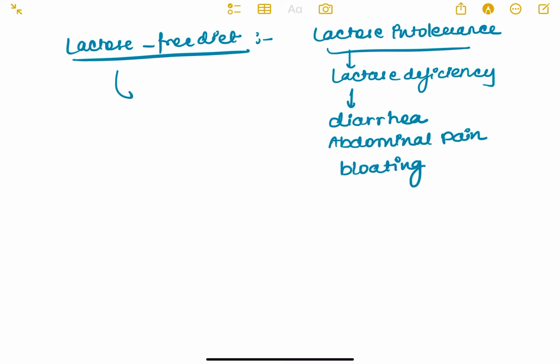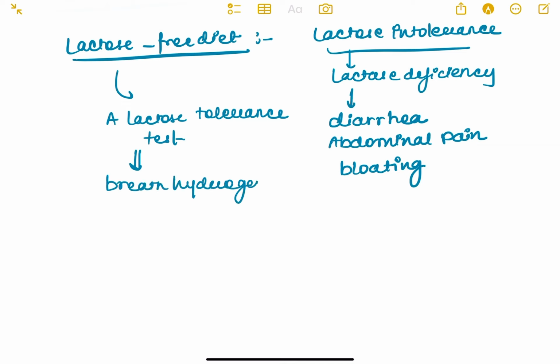We do a lactose tolerance test to diagnose lactose intolerance, and that is a breath hydrogen test.